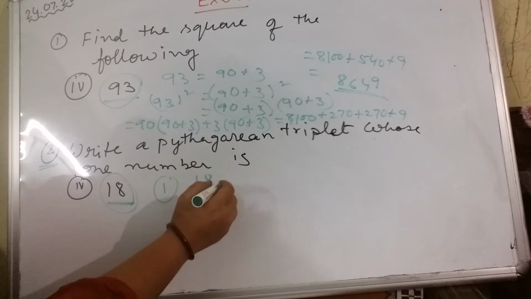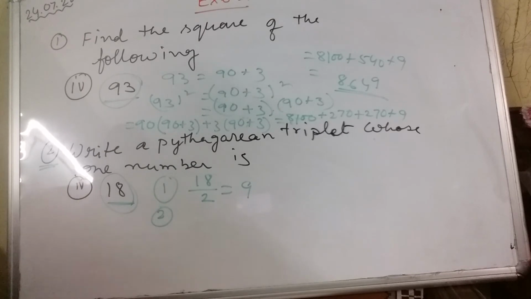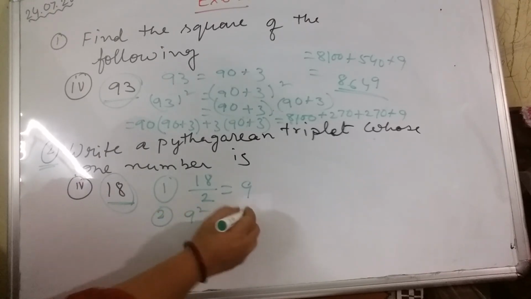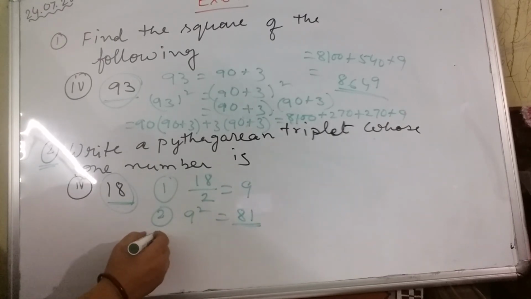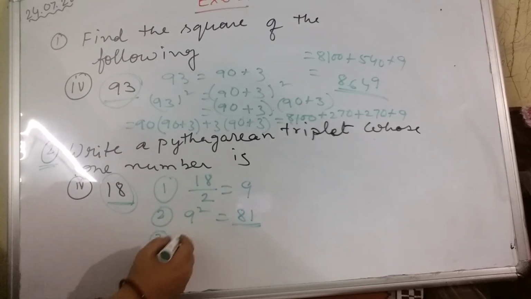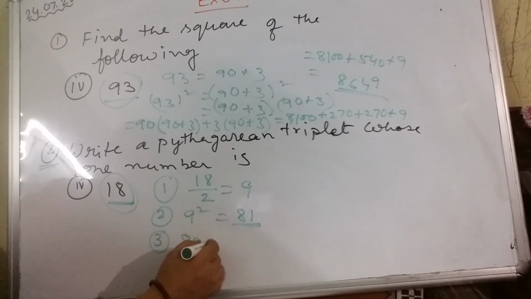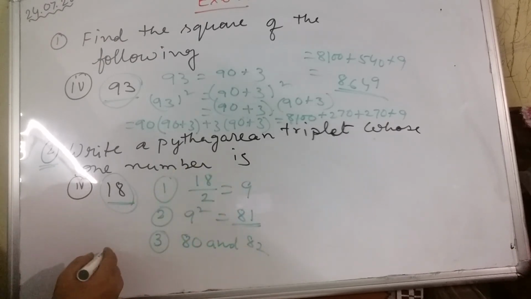So 18 divided by 2 is 9. Second step is you have to find out its square. So 9 square is 81. So you will not take this 81. The number 81 lies between 80 and 82.